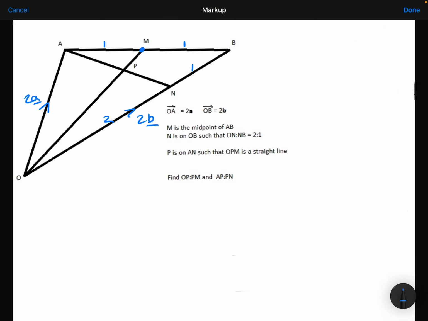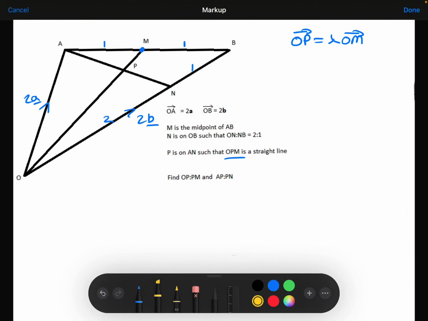Right, to answer this question, considering that we know OPM is a straight line, that allows me to say that the vector O to P is going to be some fraction, and I'm going to use the constant lambda for that, some fraction of O to M. For example, if lambda was a half, I'm just saying that O to P is half of O to M. Clearly it's not half here, I'm just using that as an example.